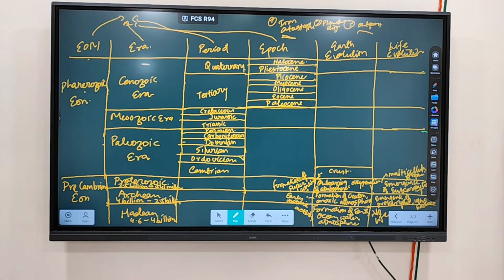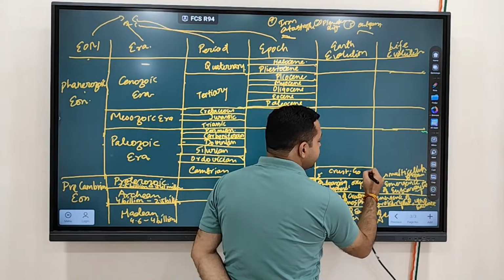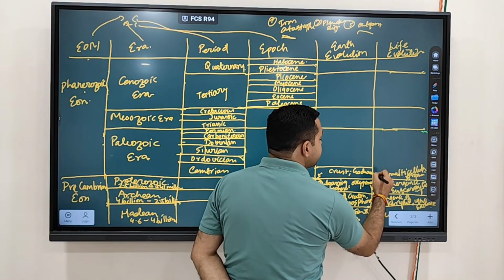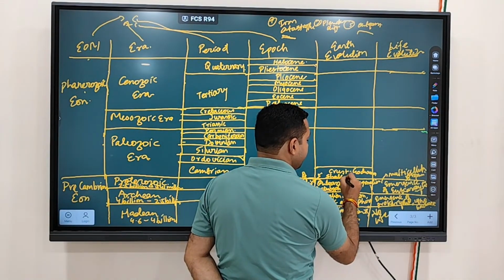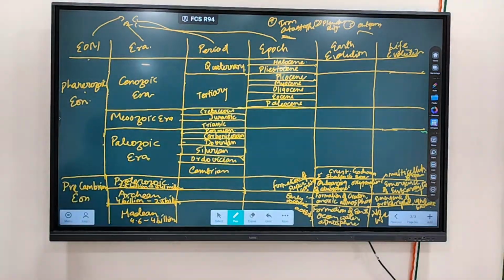India is attached to which part? Gondwana. So you'll see Gondwana, and the formation of shallow seas, margin seas, mini seas coming in this period.